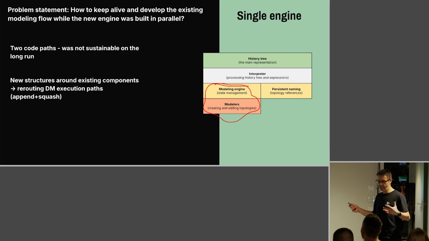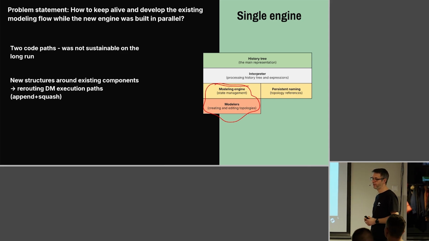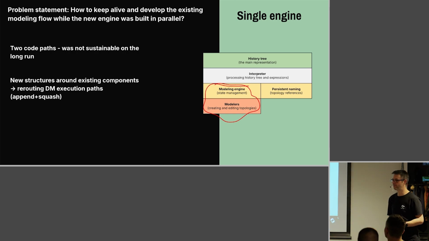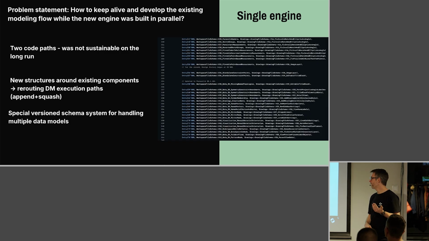Our existing flow was rerouted to the same functionality, so our existing direct modeling users were going through the same path, but at the end, their modeling effect was just appended to the history tree and squashed. So they basically did not see the change. But underneath, we were able to validate the naming system, for example, during that period.